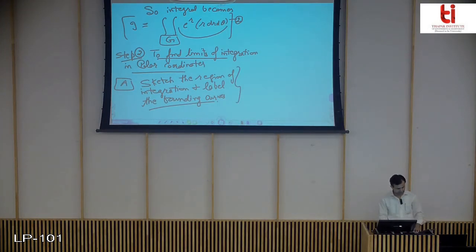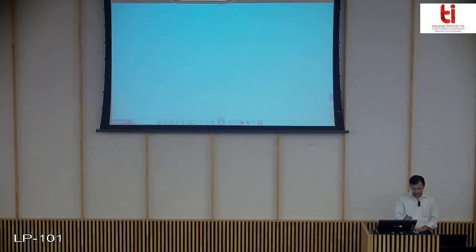Now I am taking the integral just to plot the region of integration. Let me do it on the next page. We have the integral in Cartesian as this one, y from 0 to ln 2, x from 0 to under root of ln2 square minus y square. I am writing this because it will now be used in sketching the region of integration, since we sketch the region from the Cartesian limits.